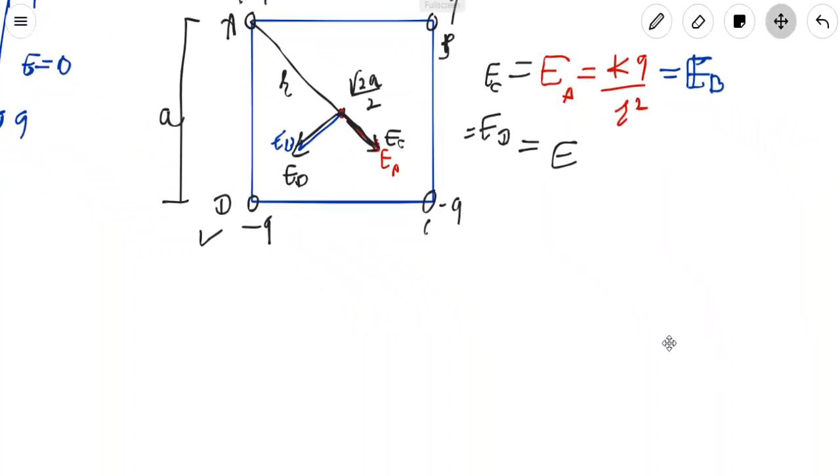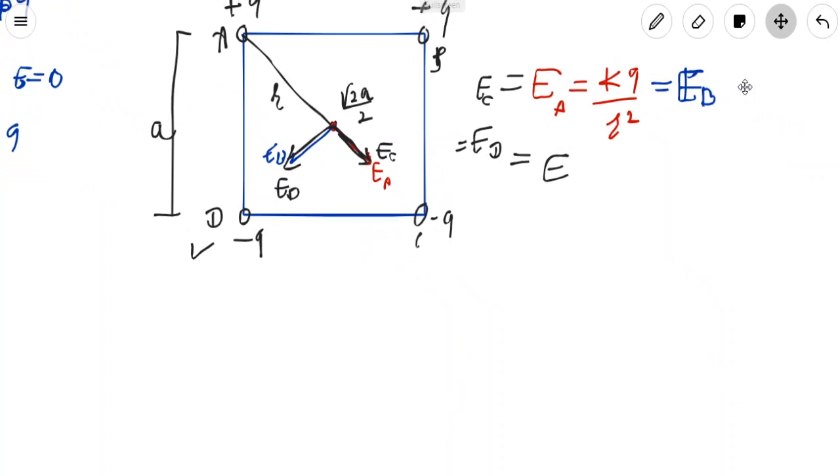Let me simplify this. Suppose we have two E vectors in this direction, EA and EC, so it is 2E in this direction. We have two E vectors, EB and ED, in this direction, hence a 2E vector is in this direction, 2E.